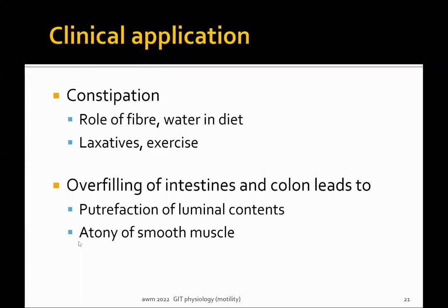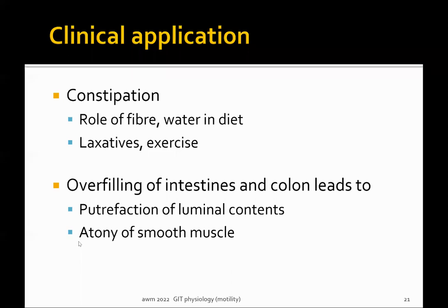So what happens now when you have this distended colon or even small intestine? Remember we said that for absorption to take place, and even the final digestion, you actually need the contents to come into contact with the enterocytes or even the colonocytes. So when you have an overfilled intestine, most of the luminal contents will travel through, and only the periphery of it is going to come into contact with the walls, which means all the rest is not interacting with the walls of the gut.